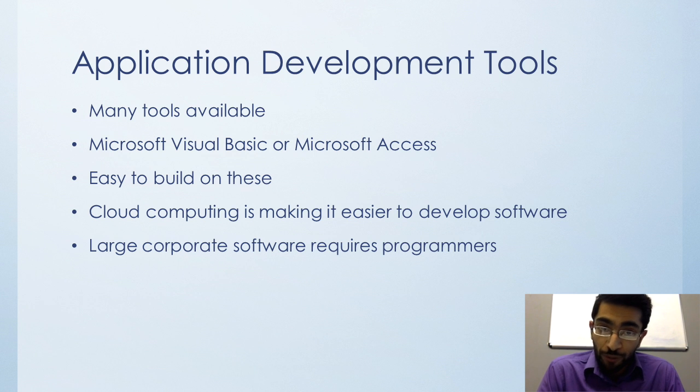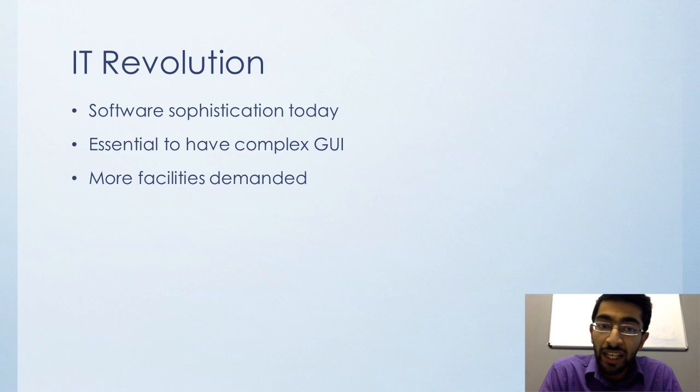The truth, though, is of course that some software is very simple and easy to write, and most commercial software is large and extremely complex. And it is where these come into play that we are now going to need the programmers and the principles of software engineering. The sophistication of today's software has far outstripped the past.